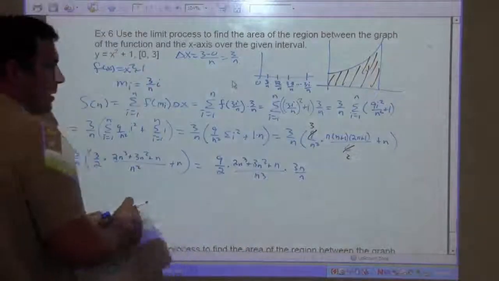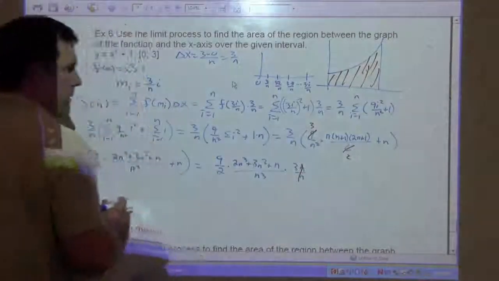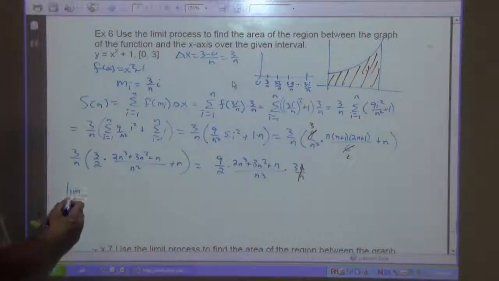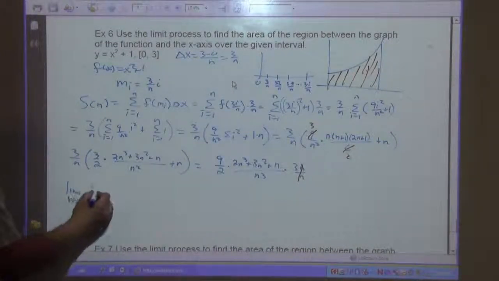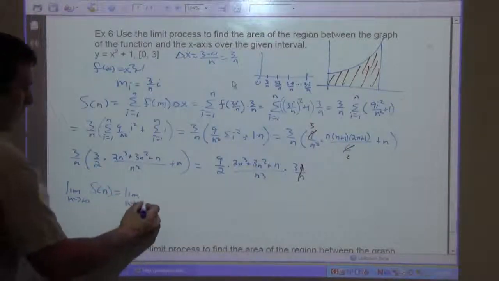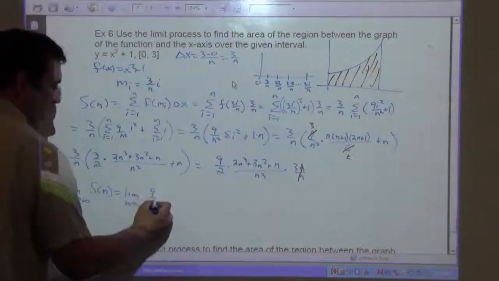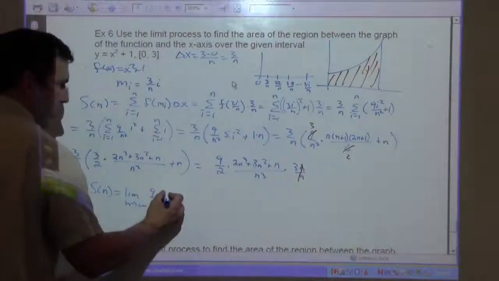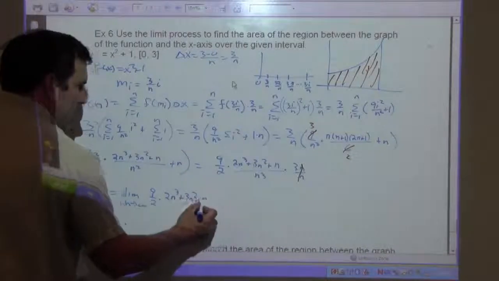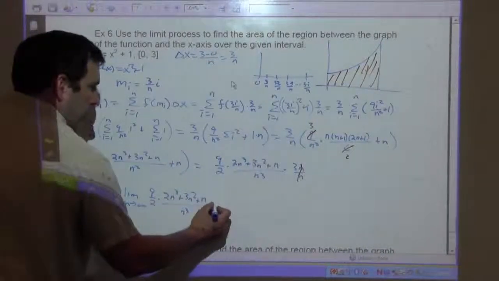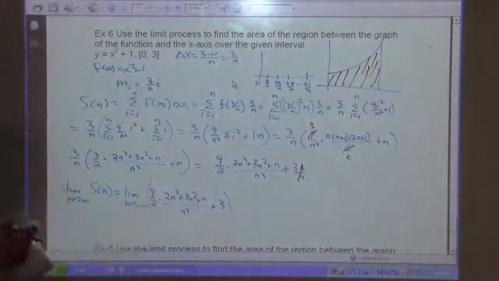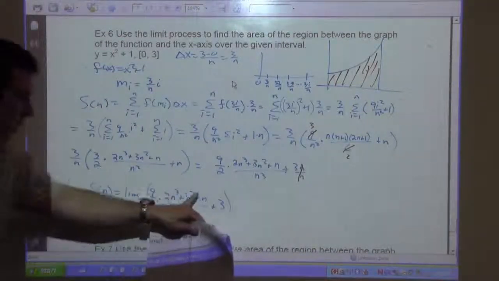Now the key to this is that if we take the limit as n goes to infinity of our s of n, we have the limit as n goes to infinity of this quantity, 9 halves times 2n cubed plus 3n squared plus n over n cubed plus 3. Taking this limit as n goes to infinity, what happens here?